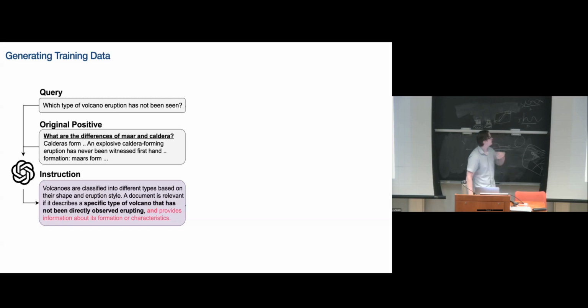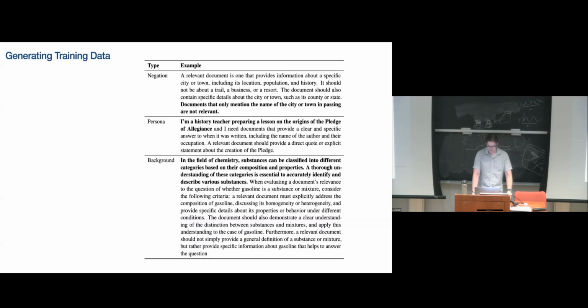And so now we have both this query and the positive instruction. We could just train the model on this, and in fact we did. And as you might expect, since the model doesn't actually need this instruction to solve the task, it can kind of just learn to ignore it. And so that's why we're going to add a few more things. But let me first show you some examples of what these instructions look like.